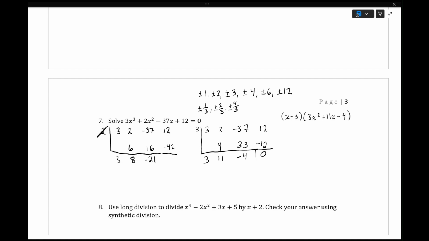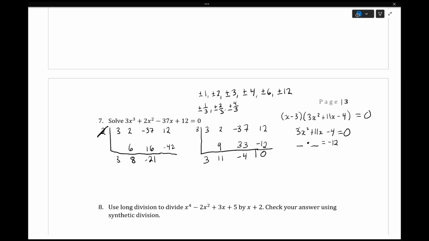Now, 3x squared plus 11x minus 4, that's a quadratic. We can use the quadratic formula or our factoring skills to solve for the zeros of this one. Now, I look at this one and I think it actually factors. So I think of two numbers that are going to multiply to -12, the 3 times the -4.